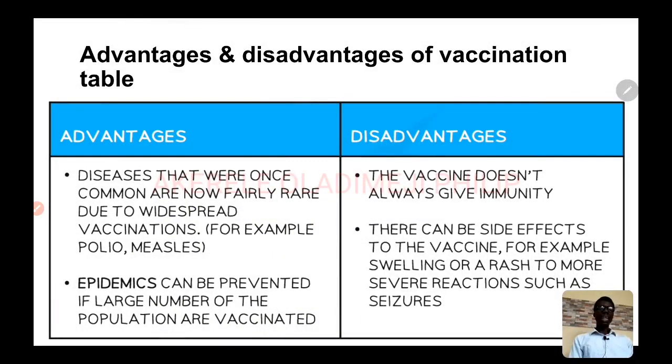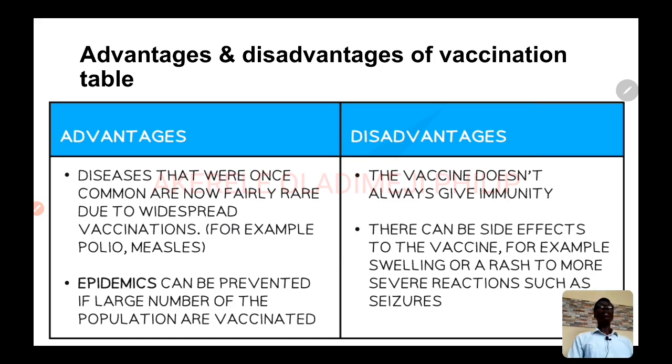So lastly, what are the advantages and disadvantages of vaccination? Advantages include the fact that diseases that were once common are now fairly rare due to widespread vaccination. For example, polio and measles.